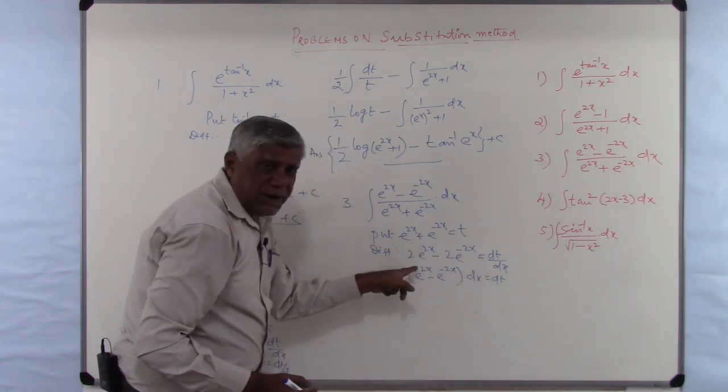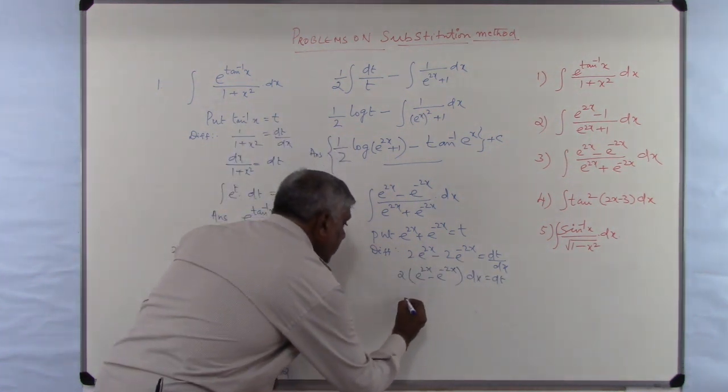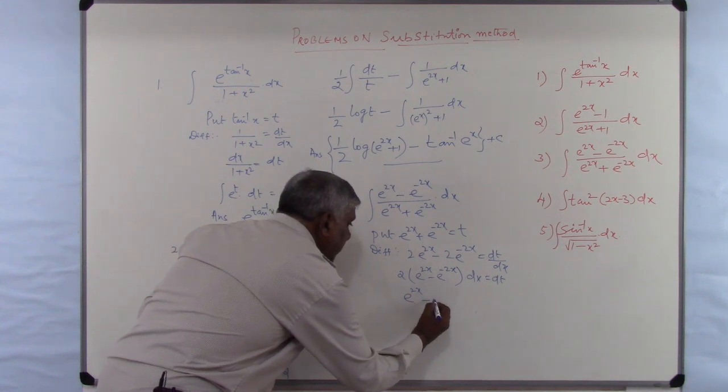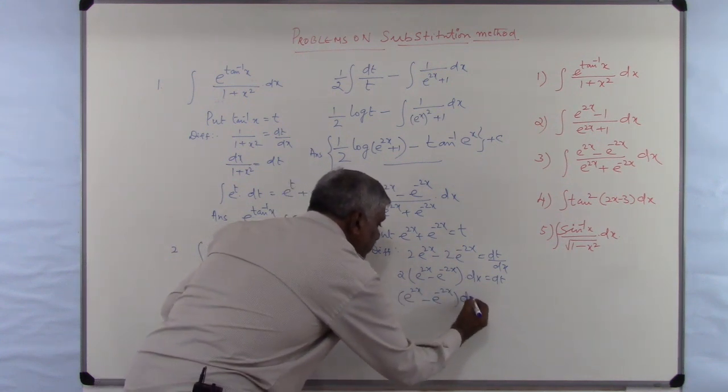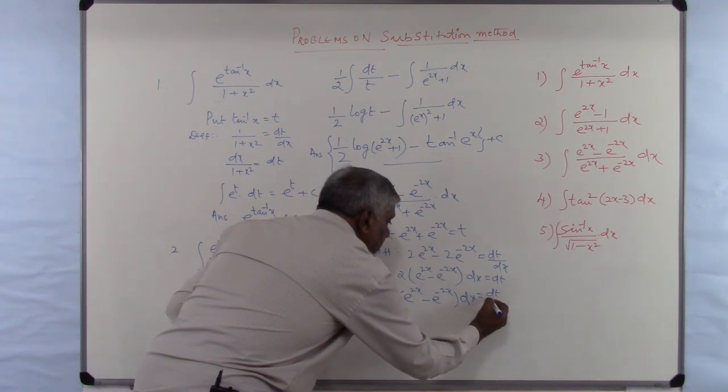I have cross multiplied this. Therefore e to the power of 2x minus e to the power of minus 2x into dx is equal to dt by 2.